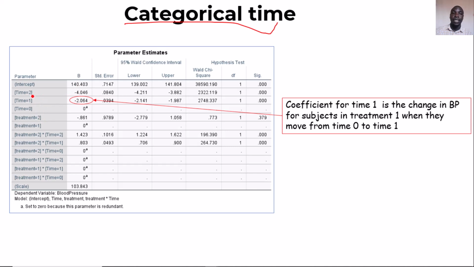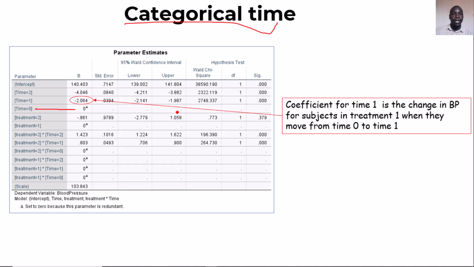Remember, when time is categorical, one of the categories is being used as the reference. And when we selected descending while setting up the analysis in SPSS, this is what we wanted. If we had left it as ascending, then this would have been the reference category, which may not make a lot of sense.